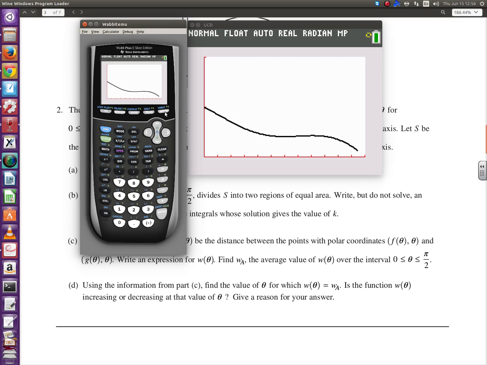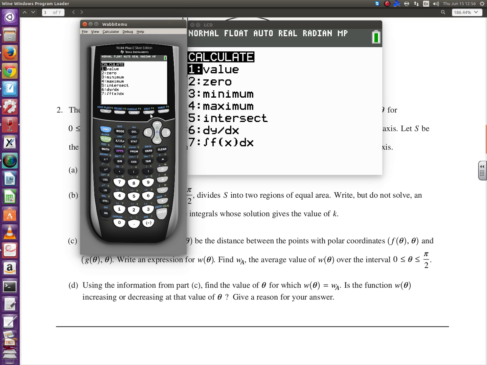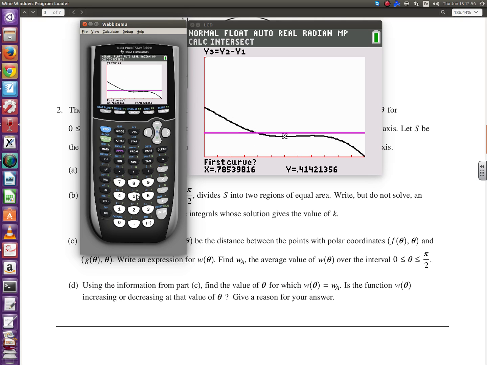Then we want to know when that intersects that purple line. Let's find out. Second trace, calc, intersect. First curve, second curve. There's only one intersection point, so I don't have to guess. And it's 0.517-ish.